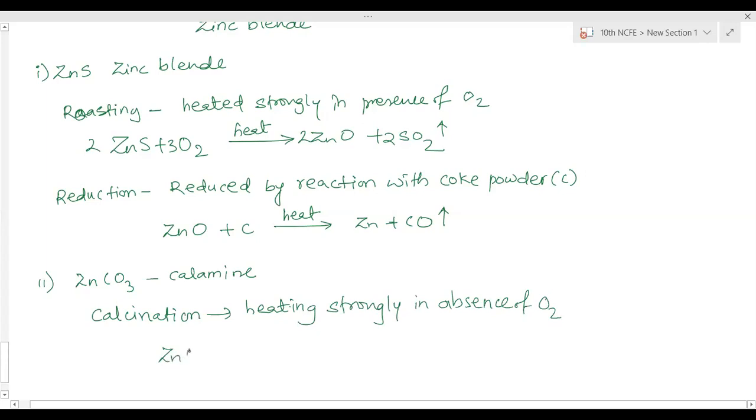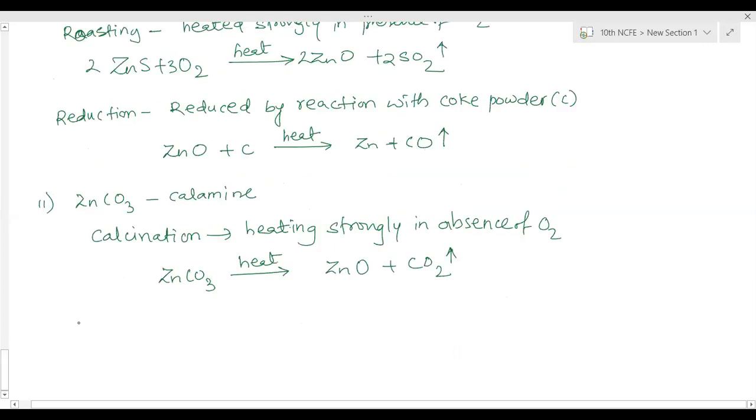So zinc carbonate heated strongly without oxygen forms zinc oxide and carbon dioxide is given out. You have seen calcium carbonate also, a decomposition reaction: calcium carbonate heated strongly gives calcium oxide and carbon dioxide. Exactly the same reaction. When zinc carbonate is heated strongly, it produces zinc oxide and carbon dioxide is released.